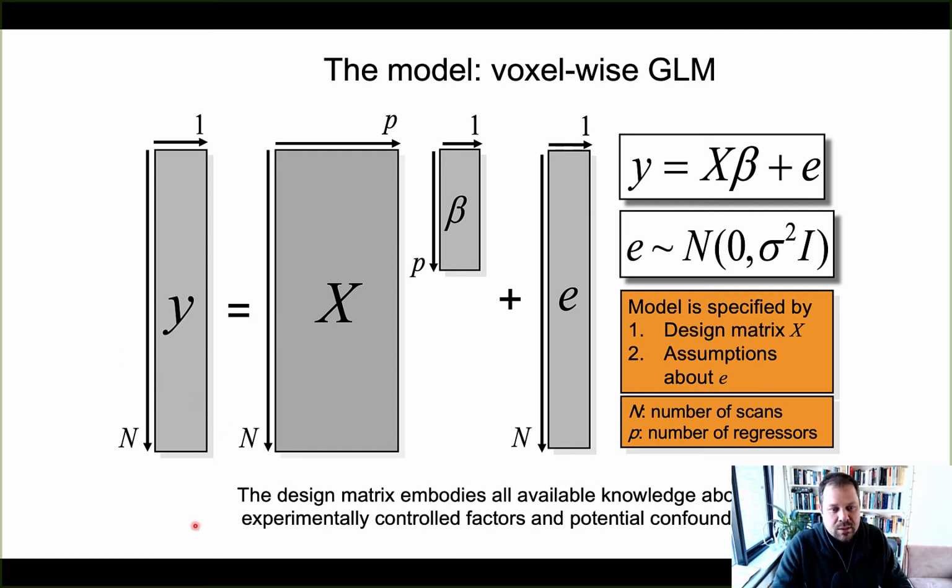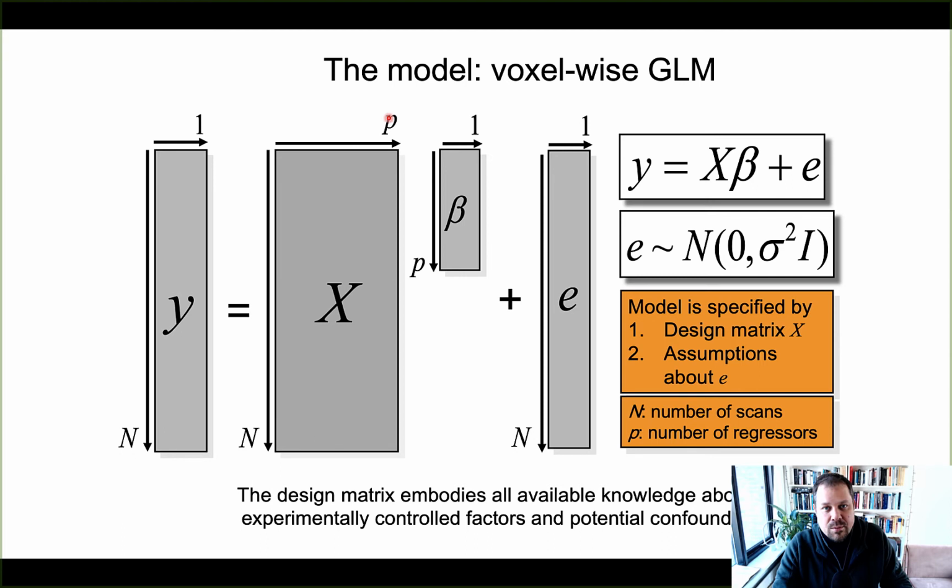So the design matrix basically embodies all available knowledge about our experimental design, all the factors that we controlled, and all the knowledge that we have about confounds. And the confounds also go into this large array of regressors here, which include regressors of interest, such as condition A, condition B, control, as well as regressors of no interest, which we just entered to control for this, such as motion regressors.